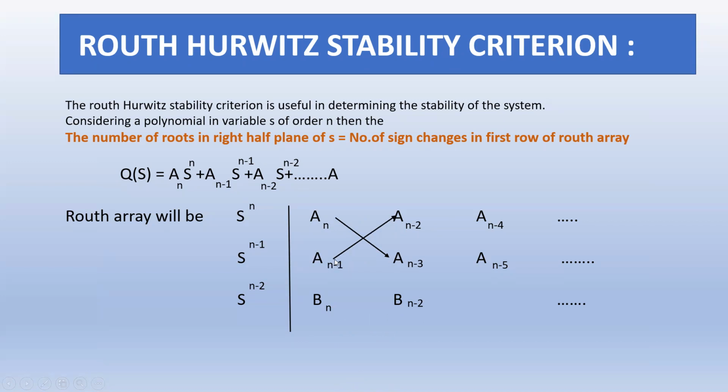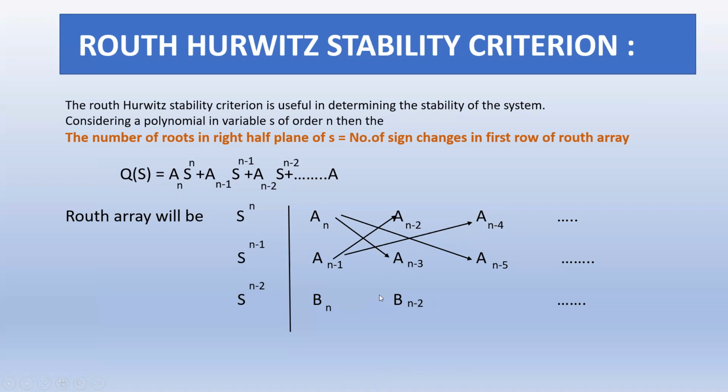So that's how we calculate Bn. And Bn minus 2 is calculated as follows: we first multiply these two coefficients, An minus 1 into An minus 4, minus the product of these two coefficients, An into An minus 5, divided by this coefficient.